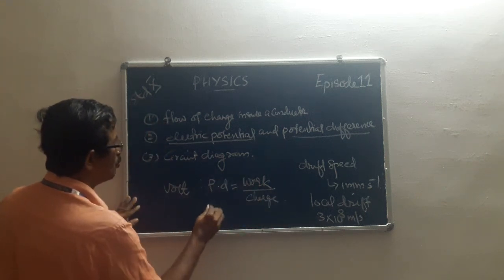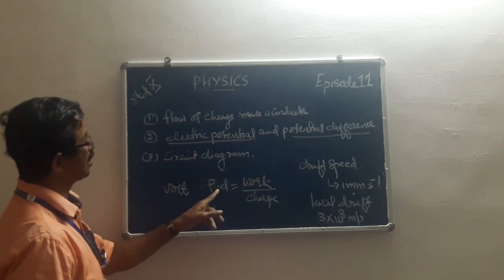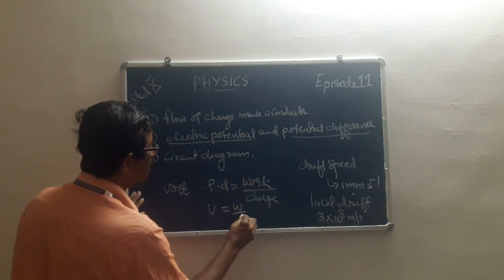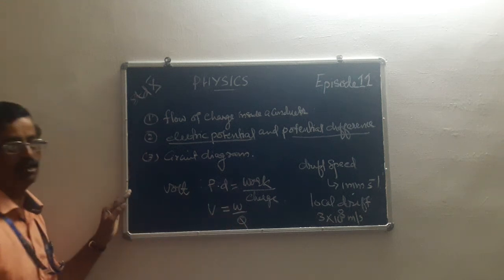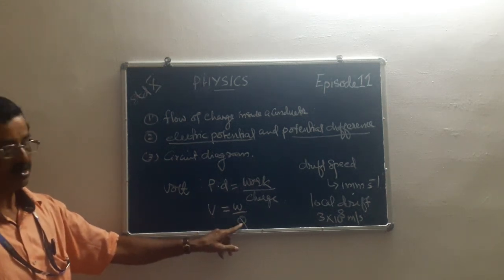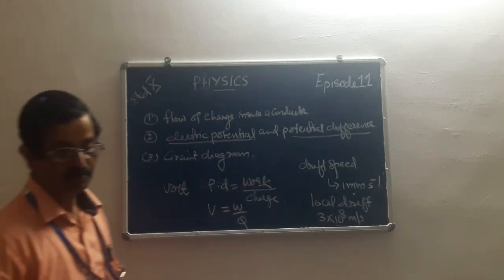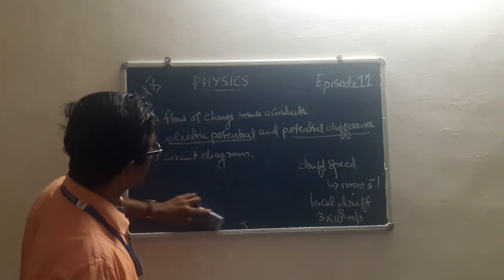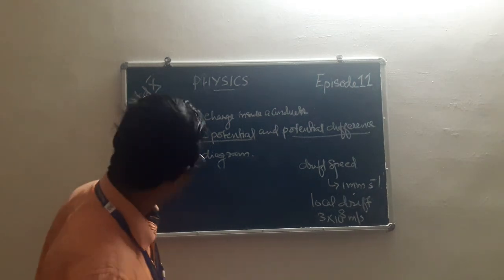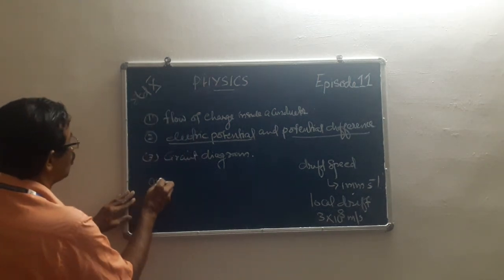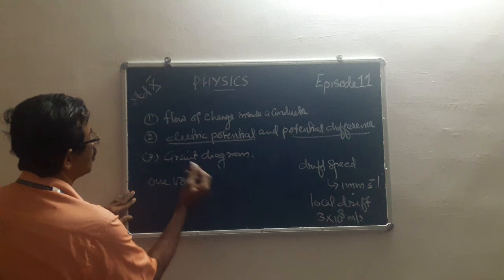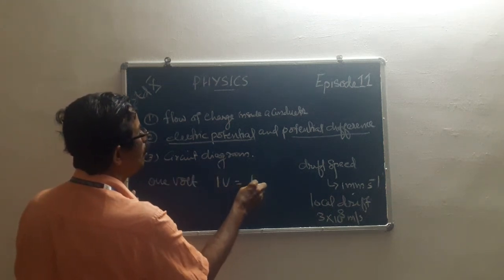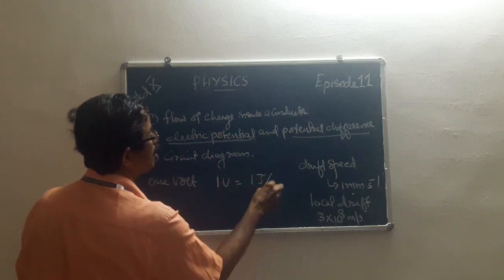Potential difference is represented with the letter V, work with W, and charge with Q. So V is equal to W by Q. Then we defined how much is 1 volt. 1 volt is equal to 1 joule per 1 coulomb.